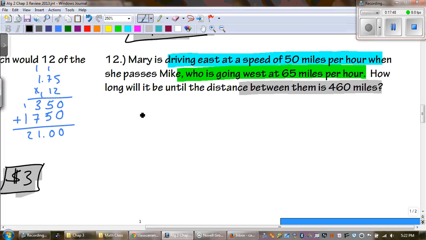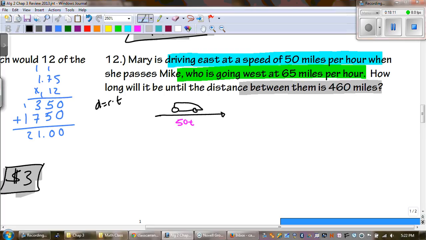Okay, so we know that Mary is driving her car and she's going 50 miles per hour. And we talked about that, how it's 50t because we're using distance equals rate times time.